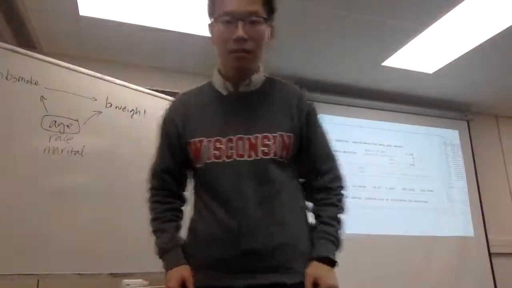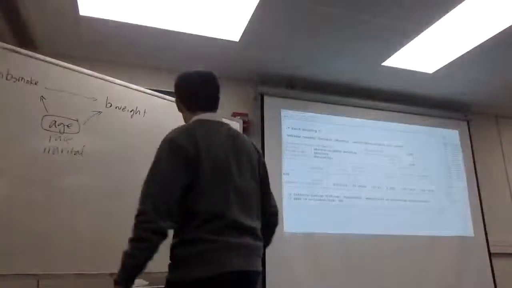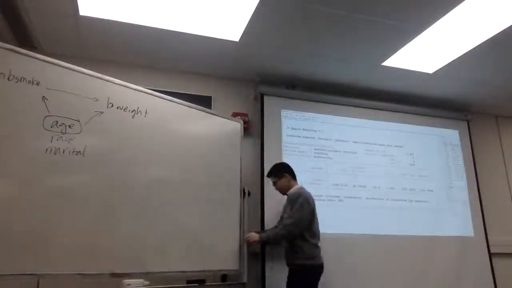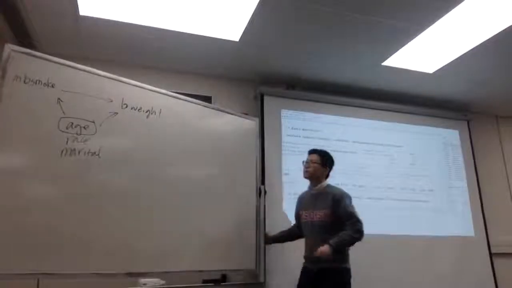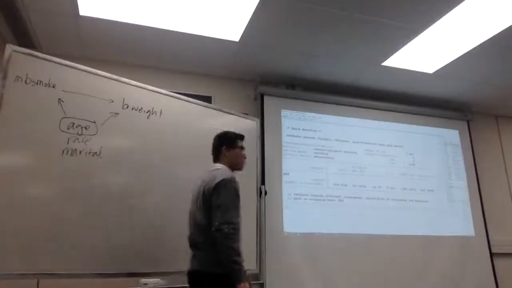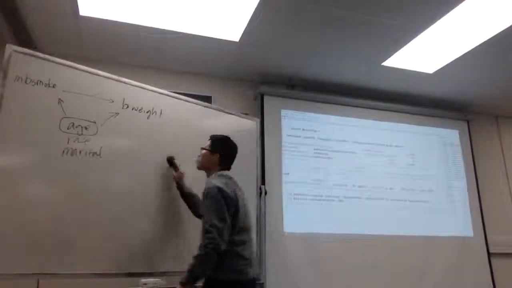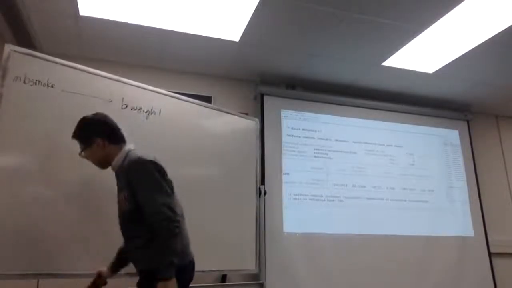As long as there's at least one in treatment and one in control, you can get the treatment effect. So there are 3 observations in this category, and if you divide it into treatment and control, you need to have at least one of each to get the treatment effects.